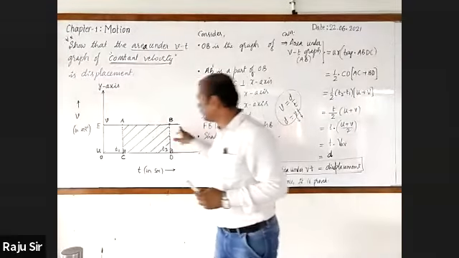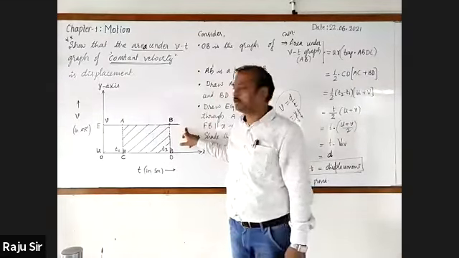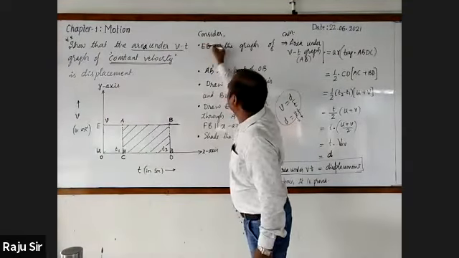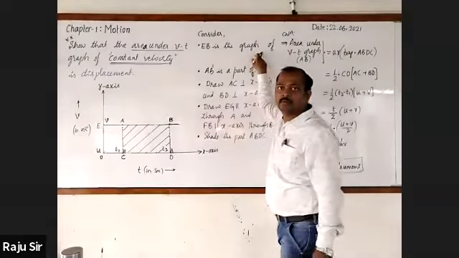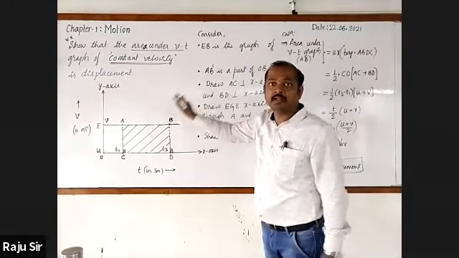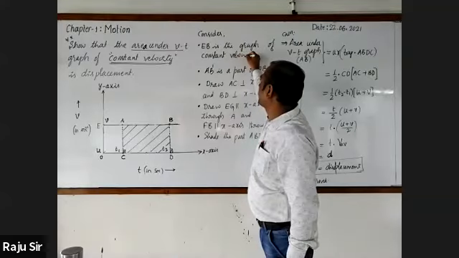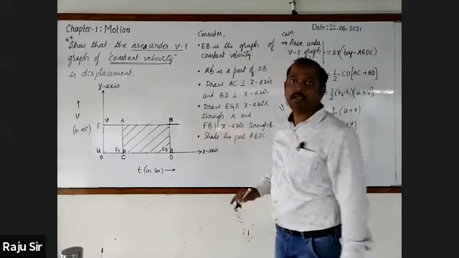This is the line which represents the constant speed. EB is the graph of constant velocity.